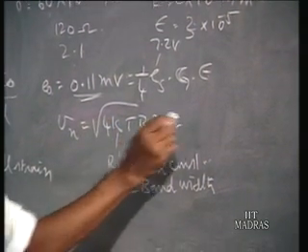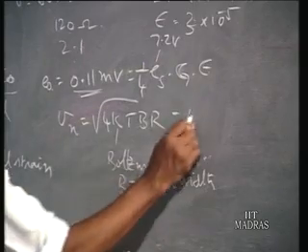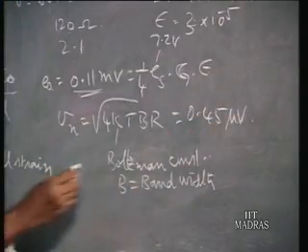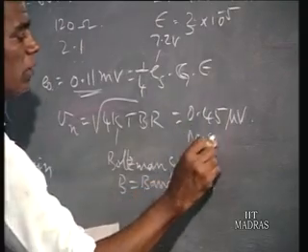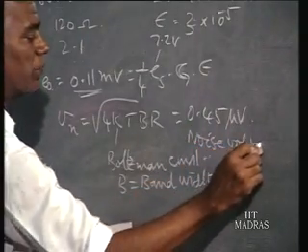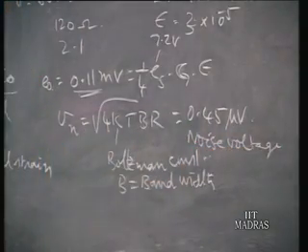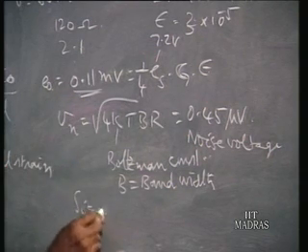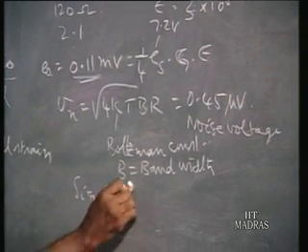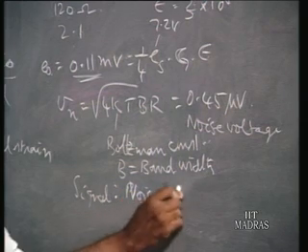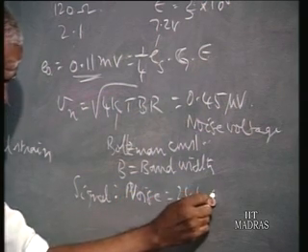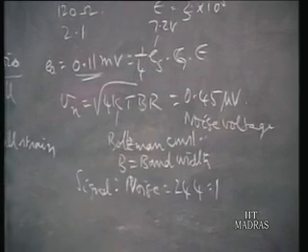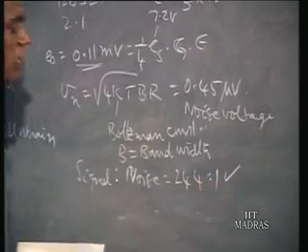Now if you substitute, you will have around 0.45 microvolt. This is the noise voltage. Our signal is 0.11 millivolt, giving a signal to noise ratio of 244:1. This is a good signal to noise ratio.